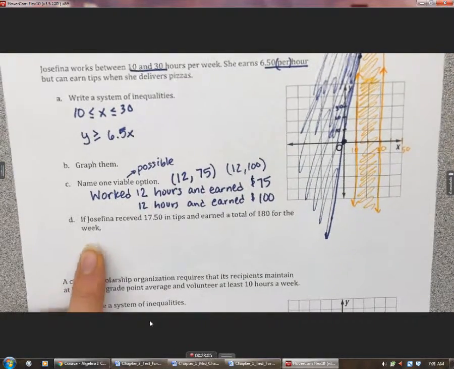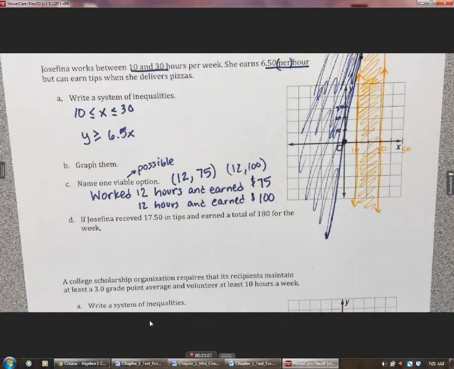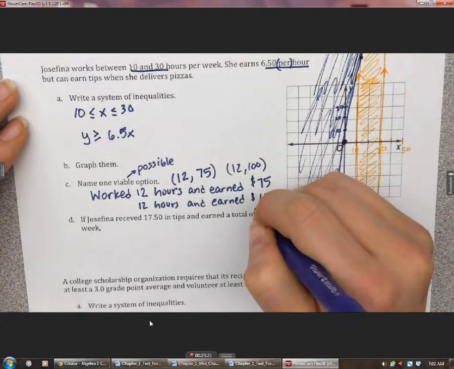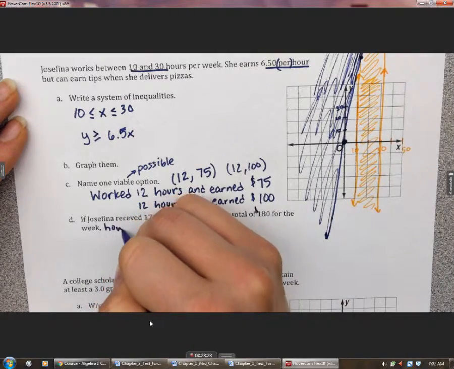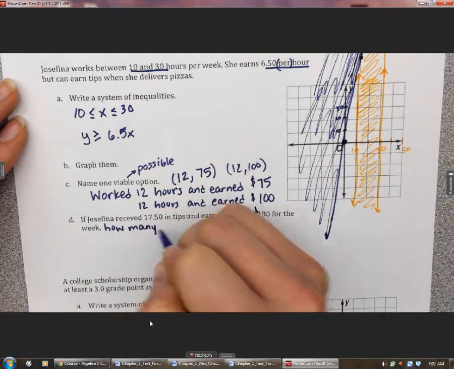And part D, I did not finish writing that problem. Josephina received $17.50 in tips and earned a total of $180 for the week. How many hours did she work?